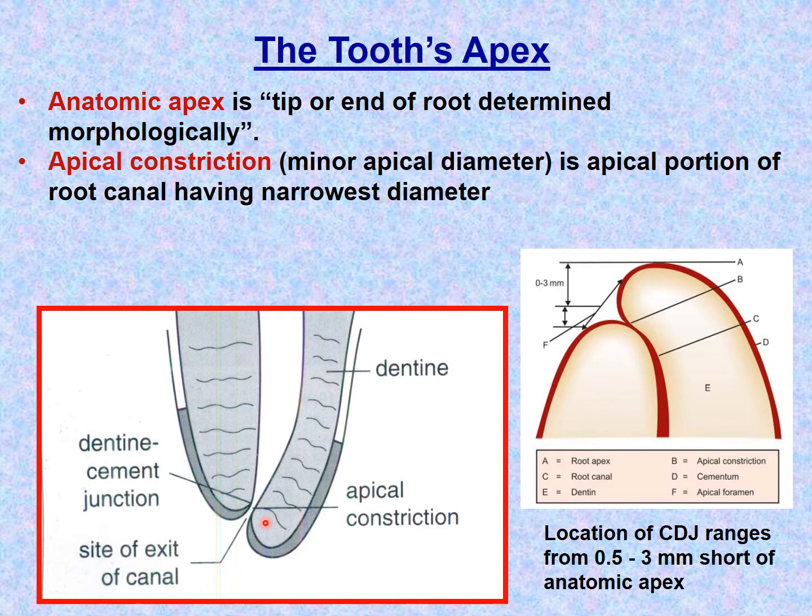It is not always necessary that the cemento-dentinal junction is always considered with the apical constriction. Locations of the cemento-dentinal junction range from 0.5 to 3 millimeter short of the anatomical apex. يعني هذا من هنا إلى هنا ممكن أن يكون من 0.5 إلى 3 مليمتر.